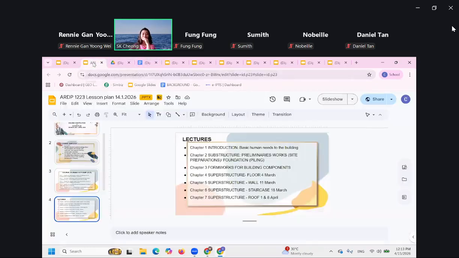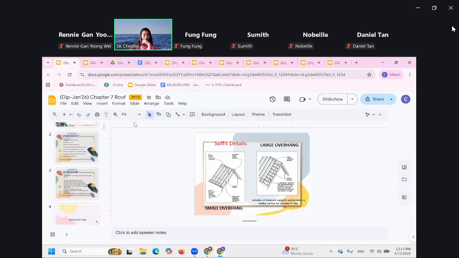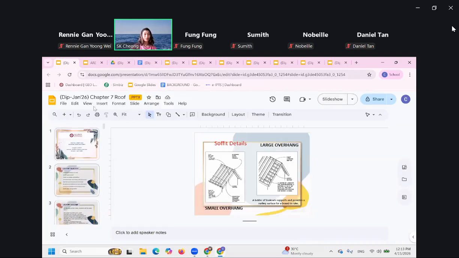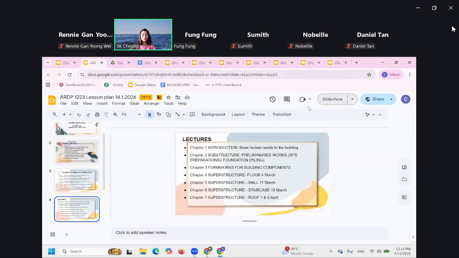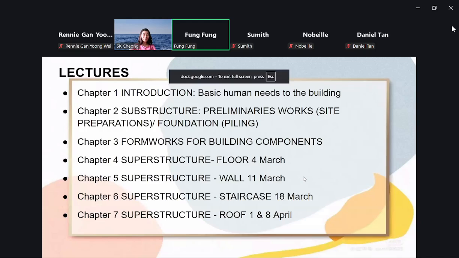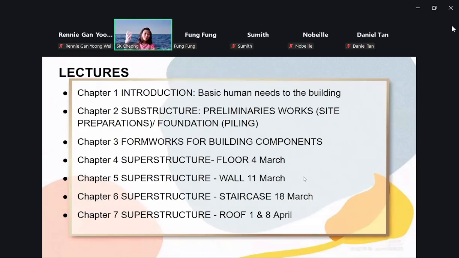That's it for me. For roof, we have also done that. Roof, finish. Any questions about roof? Roof, we just went through this morning.